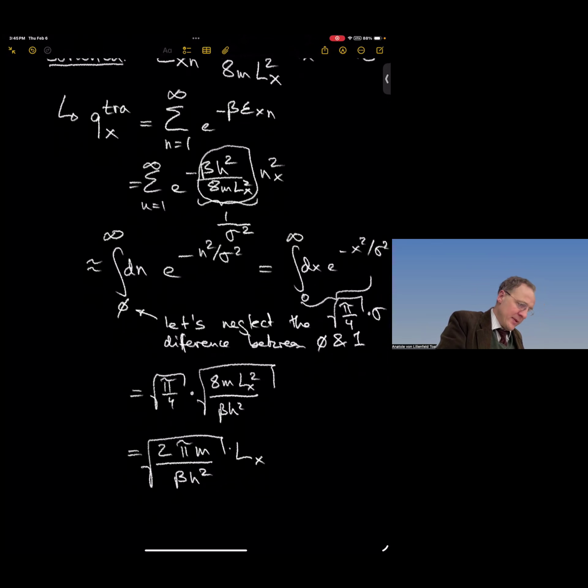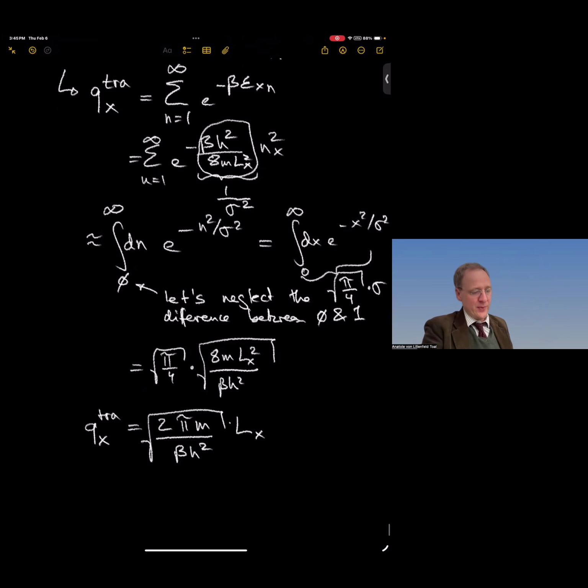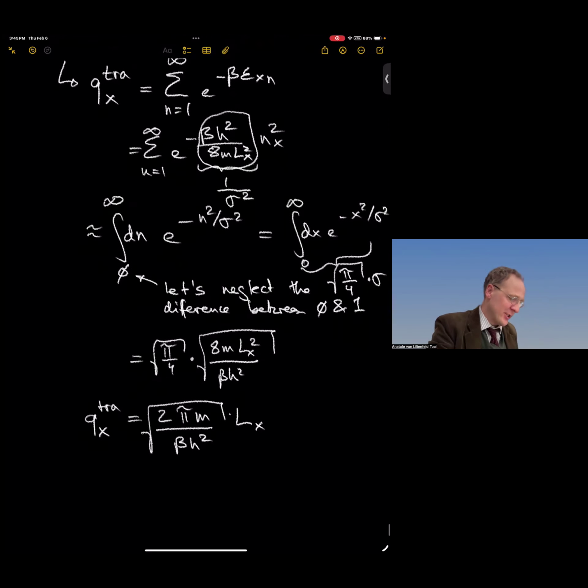So this again is with a small approximation on where I start my integral. If I should start really at 0 or at 1, I can do this. And I can hence consider my partition function in the x direction.